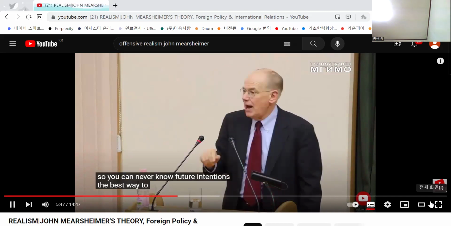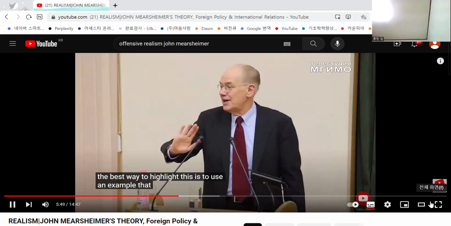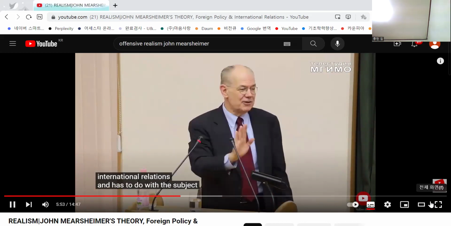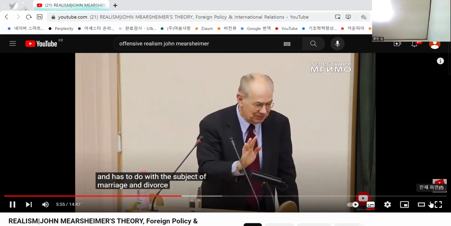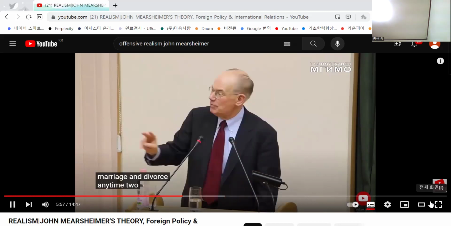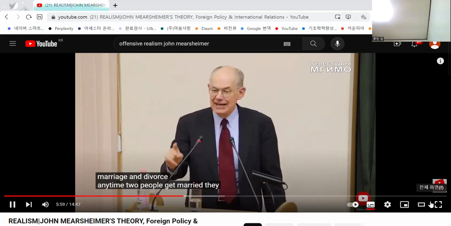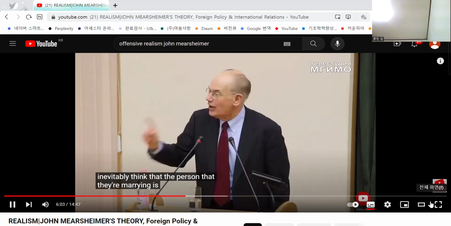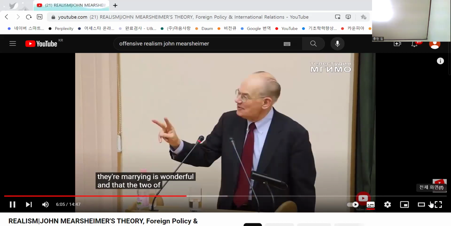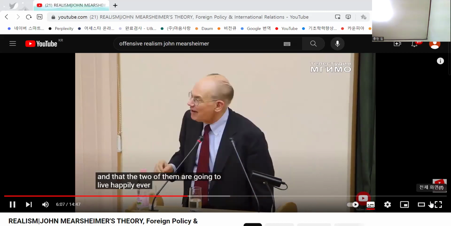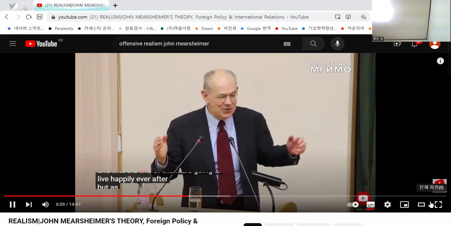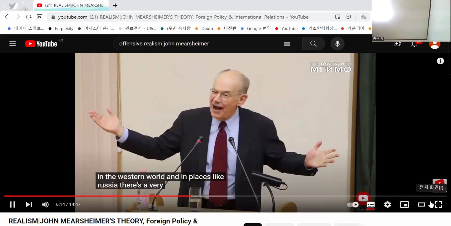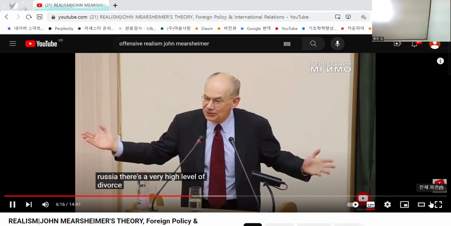The best way to highlight this is to use an example that has nothing to do with international relations and has to do with the subject of marriage and divorce. Anytime two people get married, they inevitably think that the person that they're marrying is wonderful and that the two of them are going to live happily ever after. But as you know, in the Western world and in places like Russia, there's a very high level of divorce.